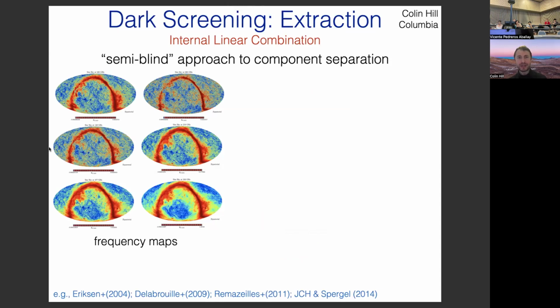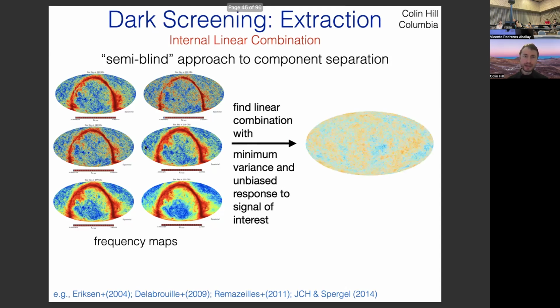So I'm just going to give you a quick introduction to how this type of internal linear combination component separation works. And you can ask me the details if you want to know the math afterwards. So the basic idea is that we have some set of frequency maps, so intensity of the sky at different frequencies. And here you can see the galactic plane, for example, in equatorial coordinates. And we want to find the linear combination of those maps that satisfies the constraint of having minimum variance and also having an unbiased response to the frequency dependent signal that we're looking for.